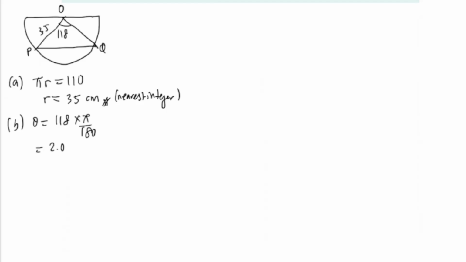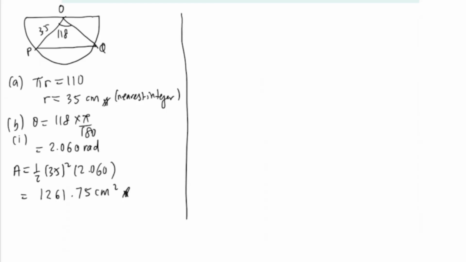So this is 2.060. Then I use area as half r squared times 2.060. If you do it this way, your answer will be the same as the textbook, which may not be the most accurate, because they round it off. So it's 1261.75.